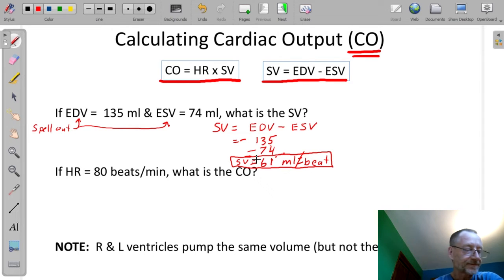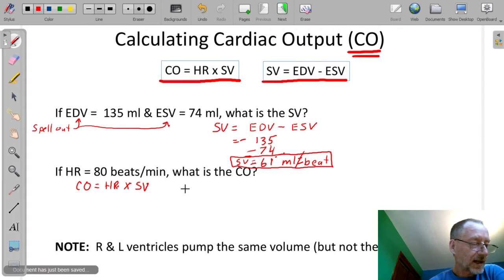Heart rate is beats per minute. So we're going to use the formula at the top for calculating cardiac output. So cardiac output is equal to heart rate times stroke volume.